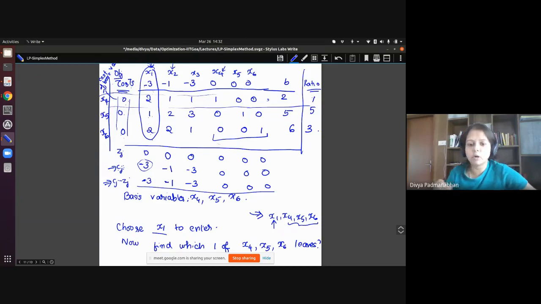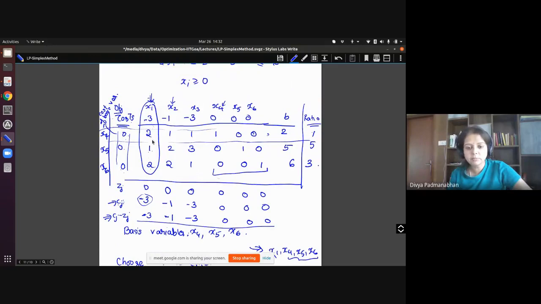So this process is going to repeat till you reach a point where you do the Cj minus Zj step, and you can't find any variable for which the value is negative, less than 0. You're not going to find any such variables.